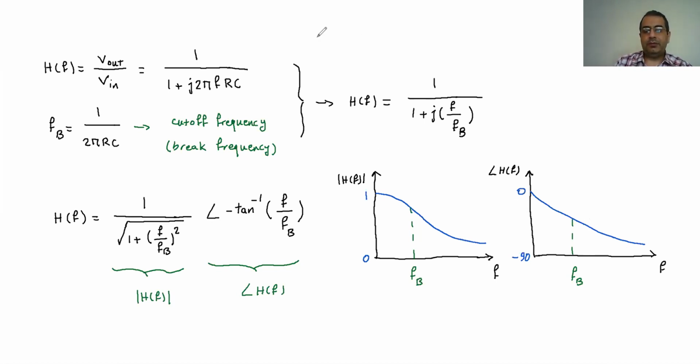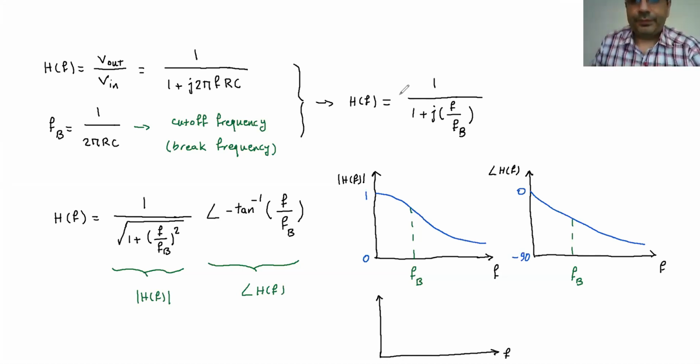Compare this to the ideal filter, so I just draw it up here. Let me see if I can draw it down here. So for the ideal low pass filter, we had something like that. So it goes here when we get to that, and then it goes to 0.